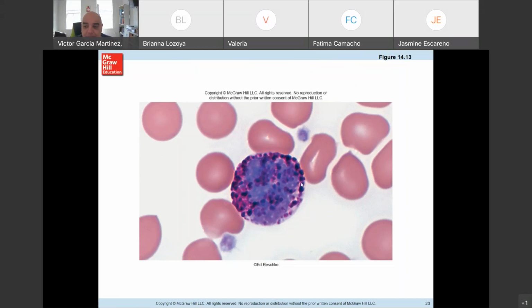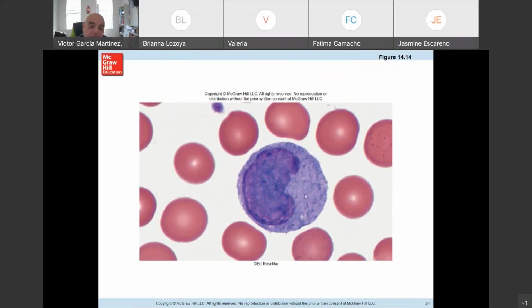And inside of them, they have granules with heparin and histamine. They are going to be active when we have inflammation processes, especially chronic inflammation processes. That's the reason you're going to see this, for example, in conditions such as TB, tuberculosis. In tuberculosis, you're going to have more basophils.